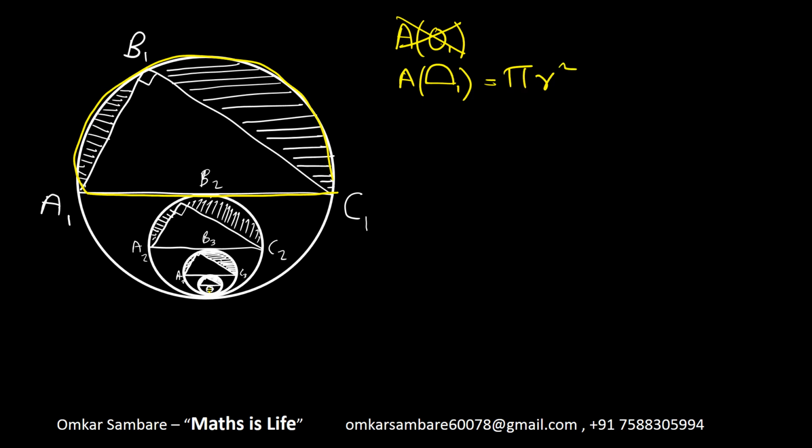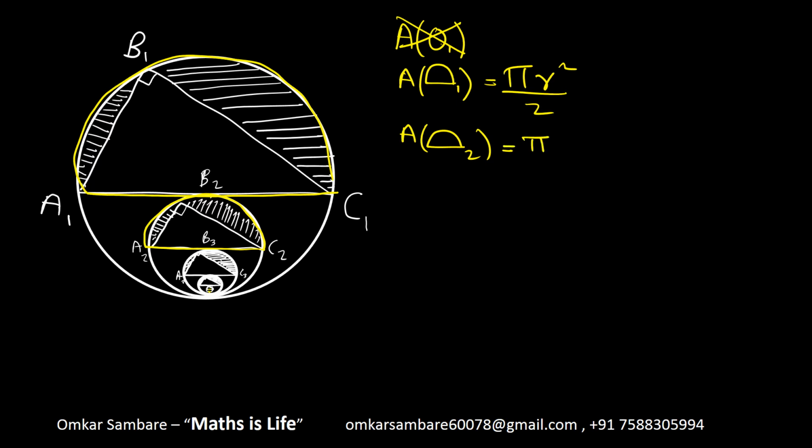What will be the area of the second semicircle? The second semicircle means this semicircle with points A2, B2 and C2. This semicircle will have the area of pi r square, where its radius is r by 2.